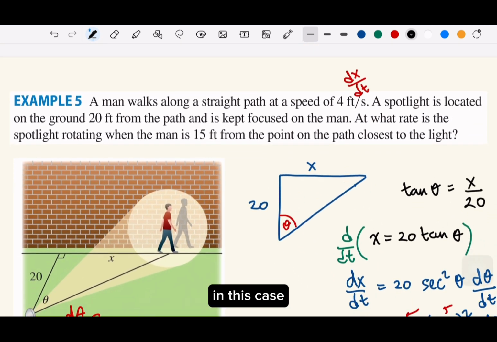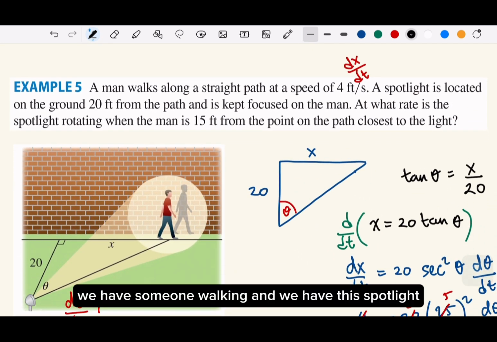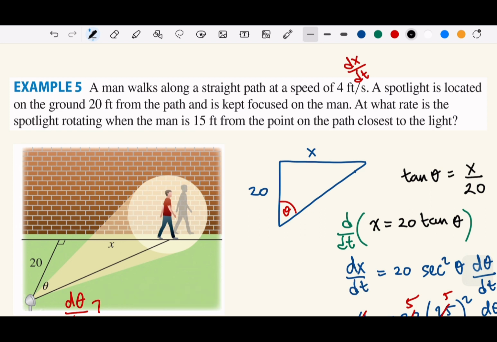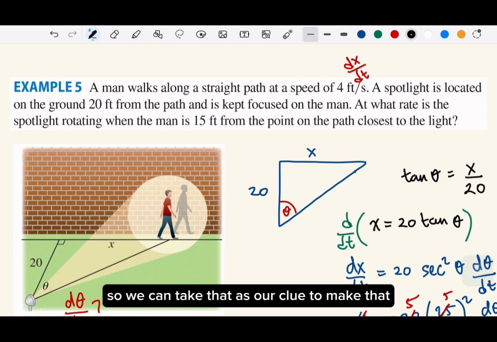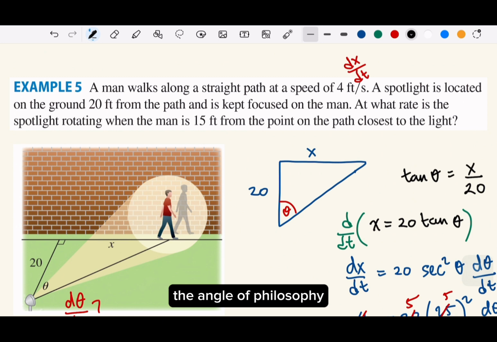In this case, we have someone walking and we have the spotlight. The problem here is the spotlight is rotating and the question is asking how much the rate is, which means the rate of the rotation. The easiest way is to see the angle is changing. So we can take that as our clue that the question is asking the rate of the angle, the angular velocity, right?